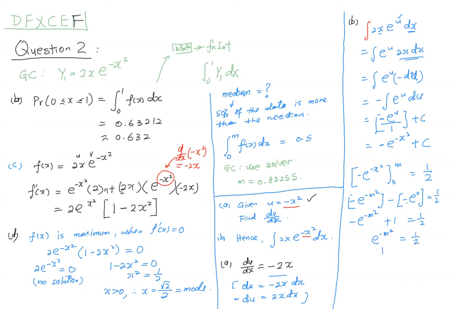So 1 over e to the power m squared is equal to half. So e to the power m squared is equal to 2. So m squared equal to ln 2. So my m equal to square root of ln 2. You count, is this value.